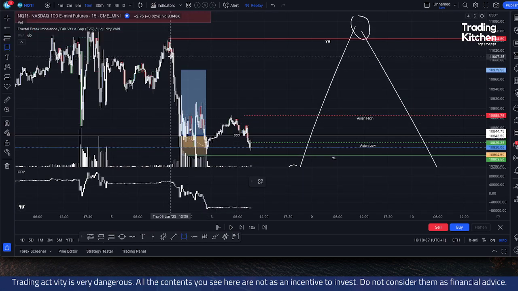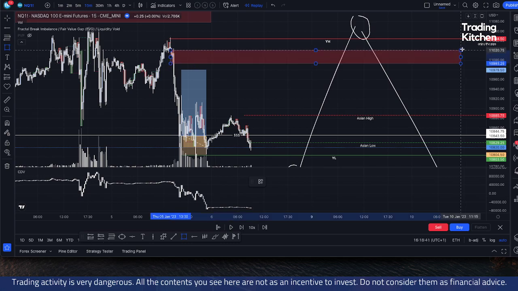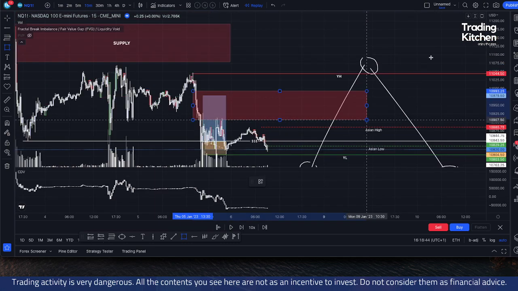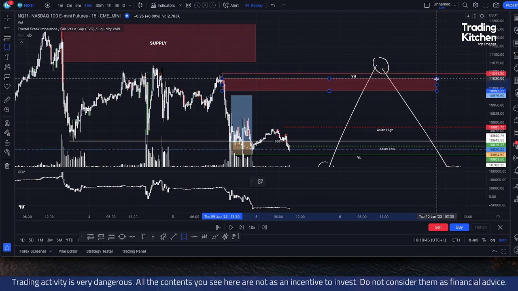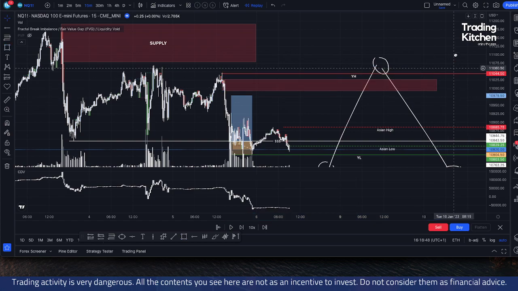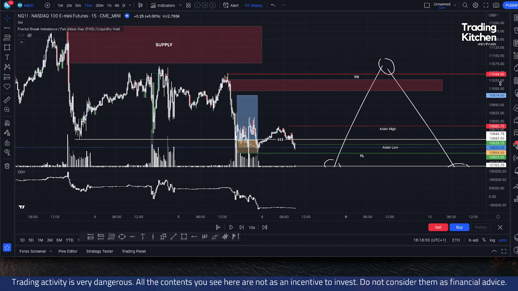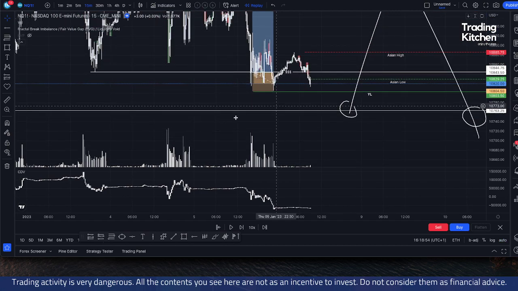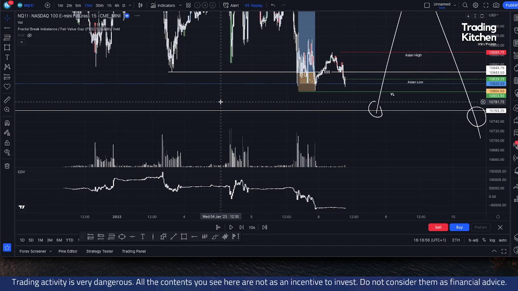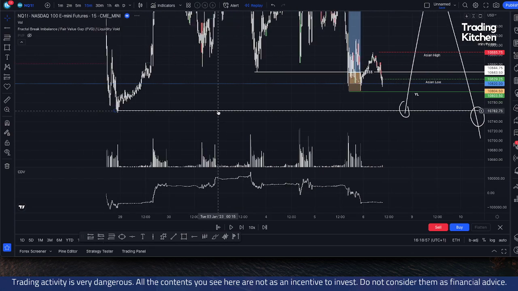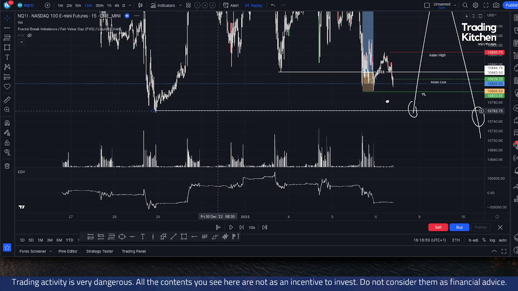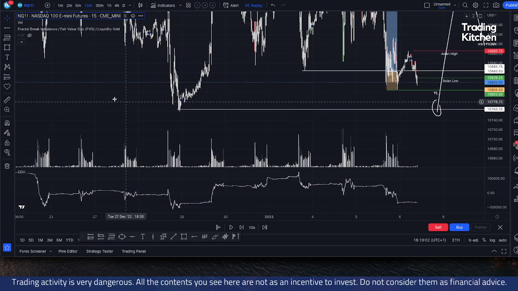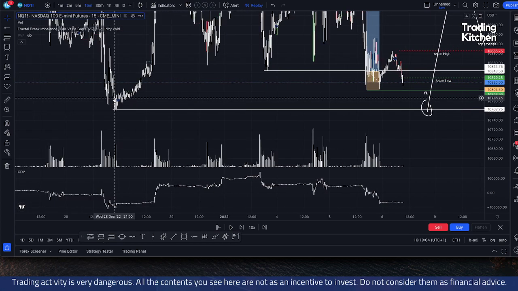Okay, so this is a good supply from which we can go short. And what about bullish trades? We already highlighted this liquidity, and we can move to the left if we can see something good for us to trade.